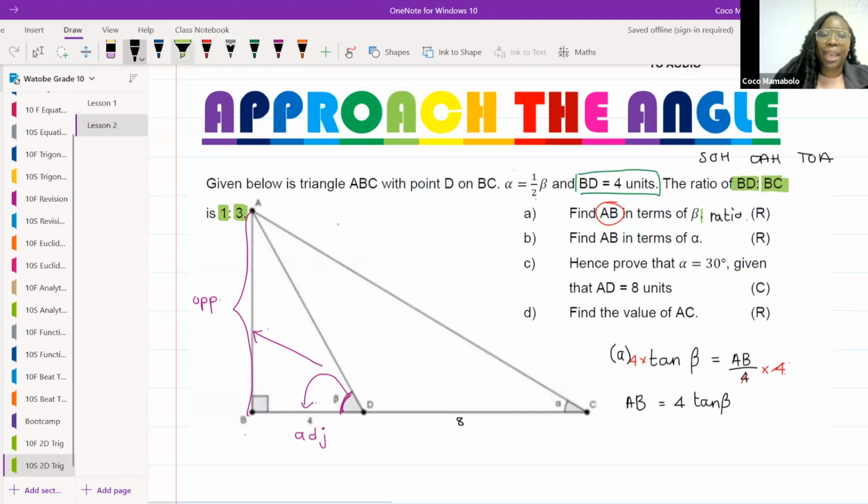Now, guys, am I going to be able to find an answer for 4 tan of beta? Is there any way for me to find an answer here? No. Okay, so I want you to take very good note of this, guys. If in an exam they ever ask you to find something in terms of something else, that means that your answer probably will have no real answer.